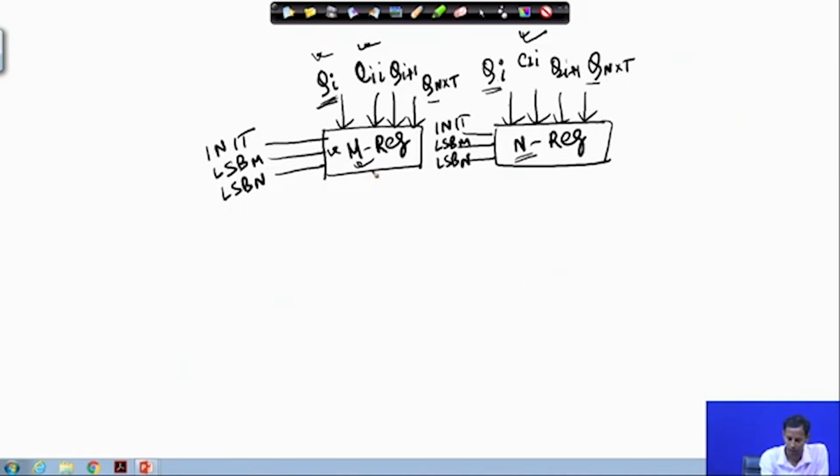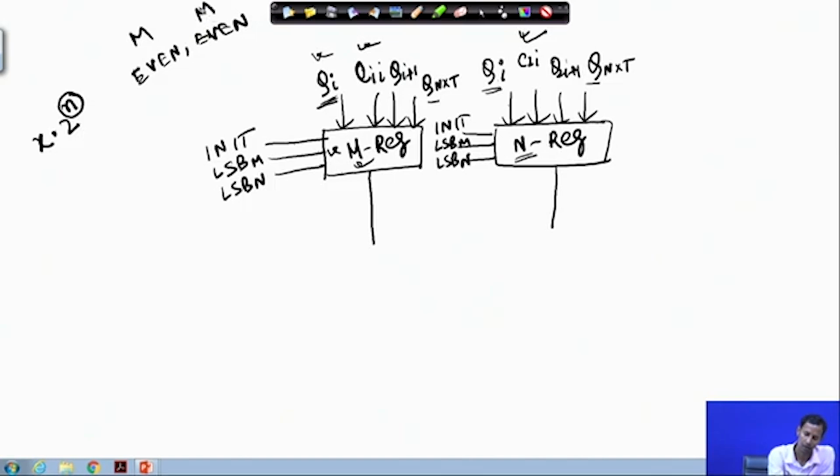So, I need these two. Basically, what was the logic? Whenever we find the GCD using this particular algorithm, the final result will be x into 2 to the power n, where n is the number of even positions found for M and N. That has to be stored somewhere.